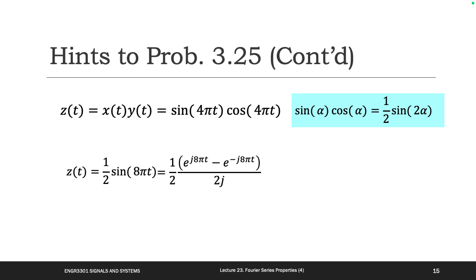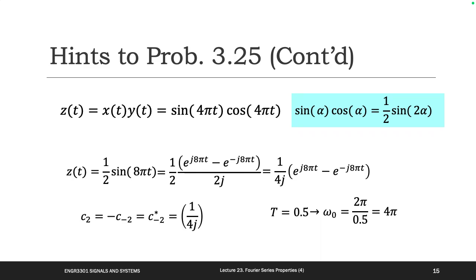Which means here t equals like -5, am I right? So omega equals 4 pi, and then C2 equals C negative 2 equals this one.